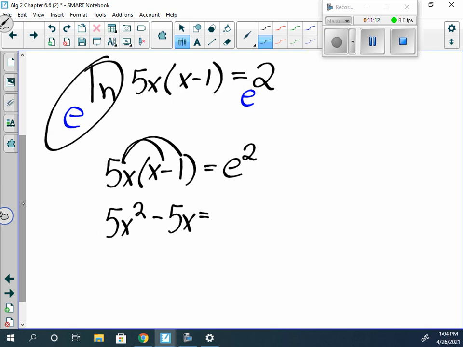What kind of number is e? It's 2.7 going on and on and on. It's a non-repeating, non-terminating decimal because e is irrational. So will e squared give us a whole number? Well, no.